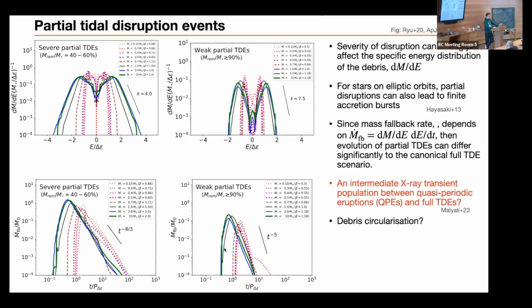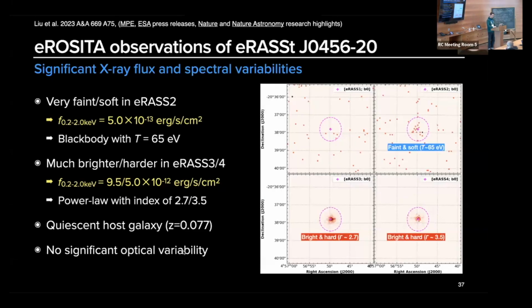So lastly, I'll just touch on probably the most extreme system that we have discovered so far. This was work led by Zhu, who's also a postdoc. This system was initially discovered as a TDE candidate.